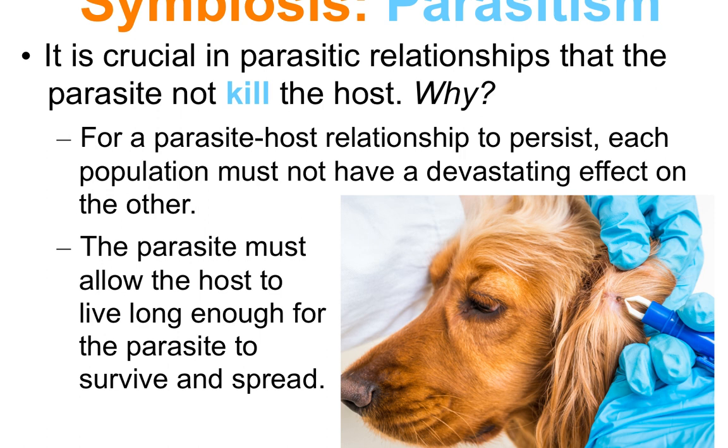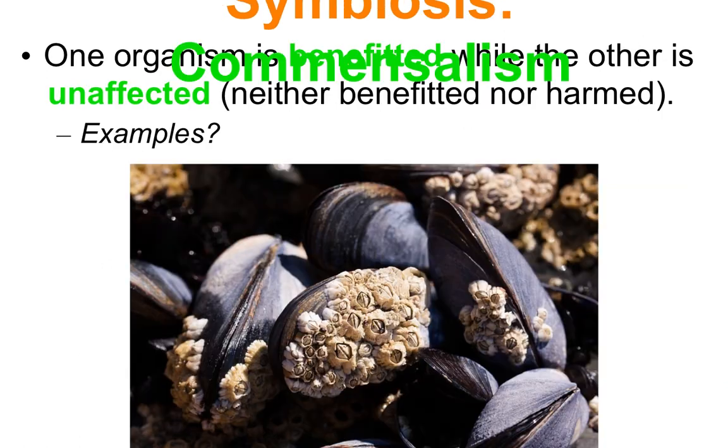In my tapeworm example, that organism is still getting some nutrition, some food is passing along by the worm's body and still making it to that organism's stomach. A parasite must allow the host to live long enough for the parasite to survive long enough to be reproductive and make more offspring.